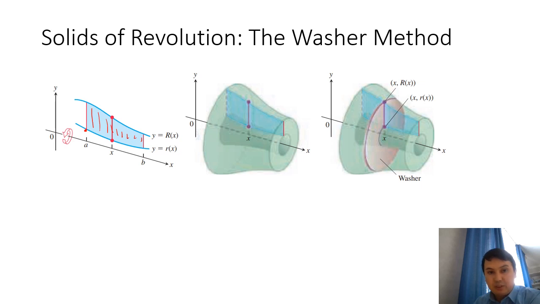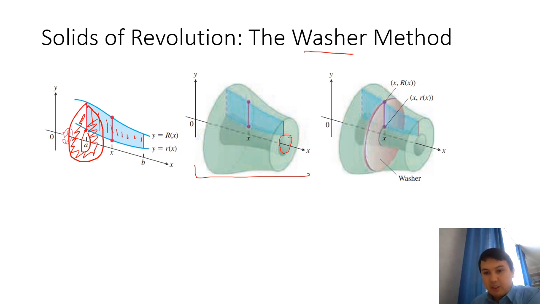If you rotate this particular tip, you will get something like this. This part will be filled in, but this inner circle will not be filled in, right? That kind of shape is called a washer. Once you make this revolution, that's the solid you get. As I said, this part is left out, so it's not completely filled, right?